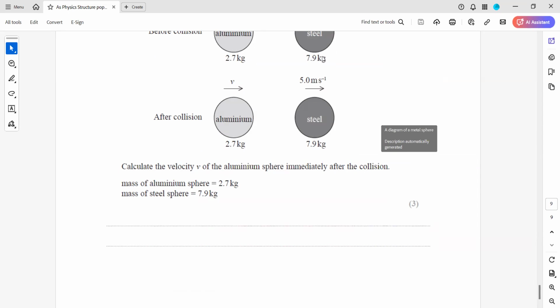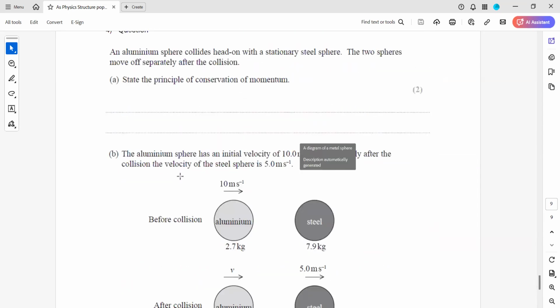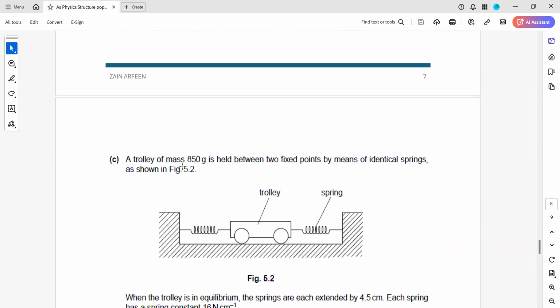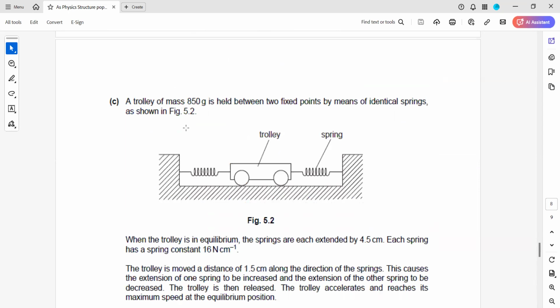Yes, you can also do the same thing. There's also another way to do the same question. First, you will find F is equal to Kx for each spring. One of the springs is being stretched, another one is being compressed, so you will work out the resultant force. After working out the resultant force, you will work out the work done.